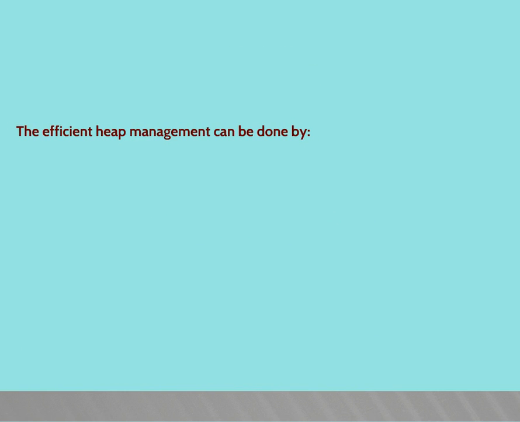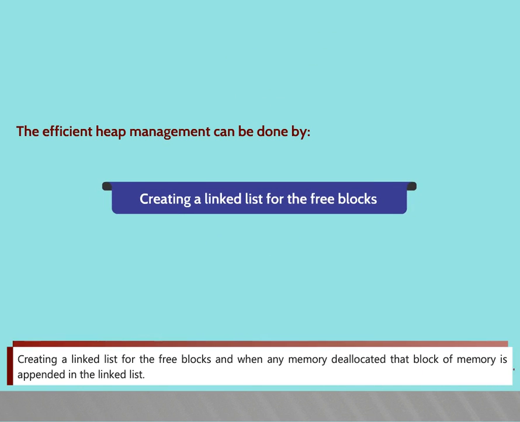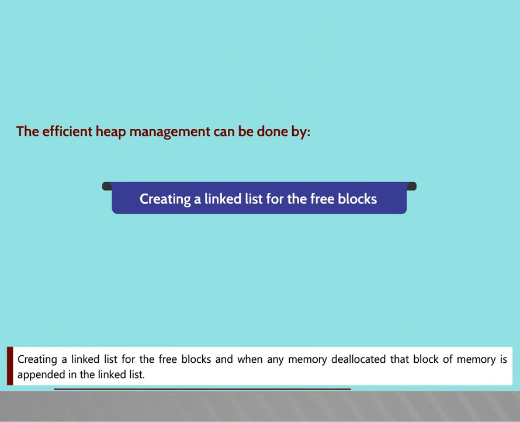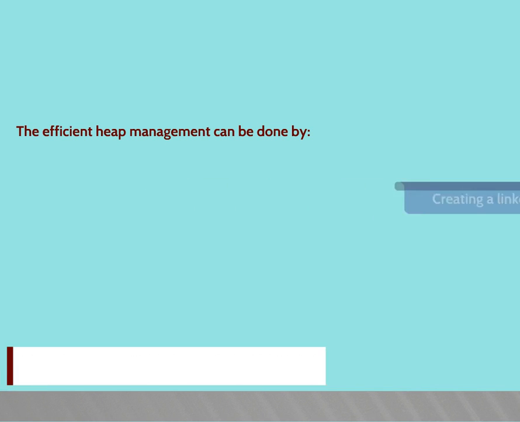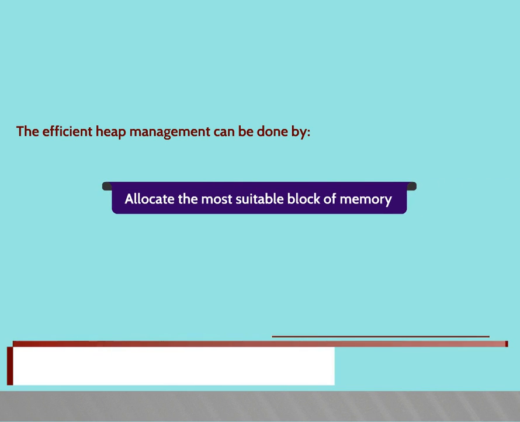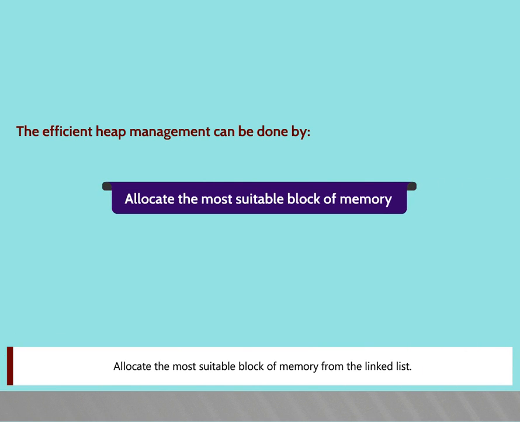Efficient heap management can be done by creating a linked list for the free blocks, and when any memory is deallocated, that block of memory is appended to the linked list. Allocate the most suitable block of memory from the linked list.